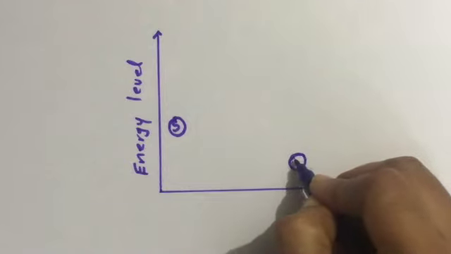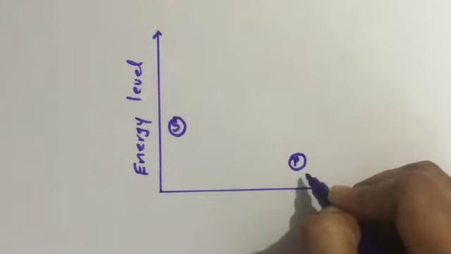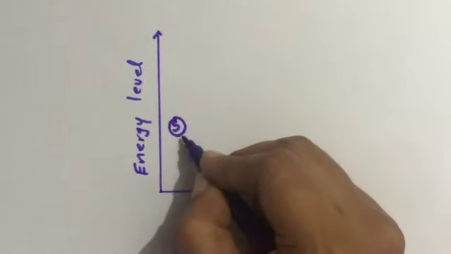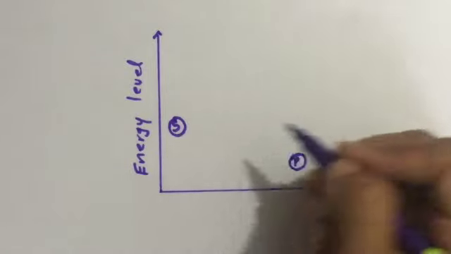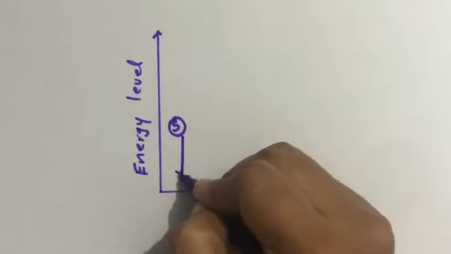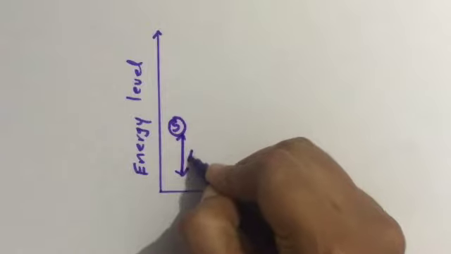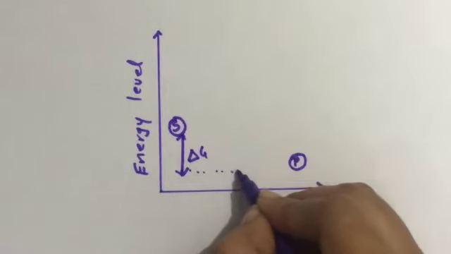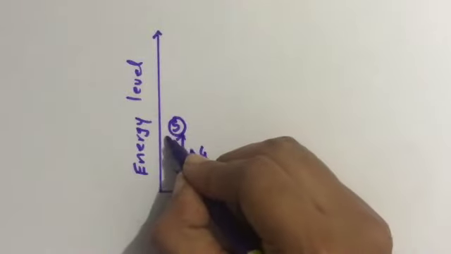the energy level of the product is going to be less, so that there is going to be a difference in the energies, which we will call delta G. This is going to be the difference in the energies of product and substrate.